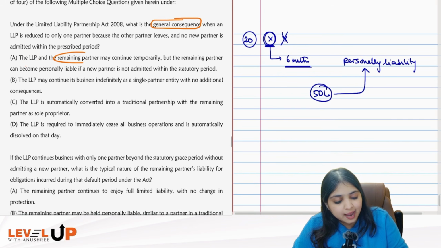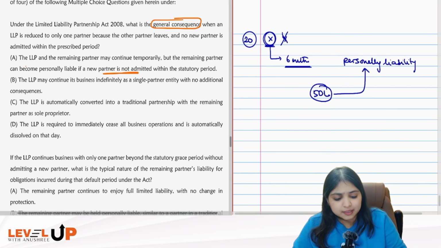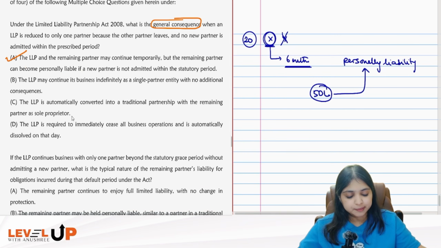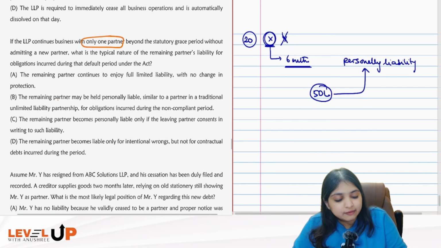So LLP and the remaining partner may continue temporarily, but the remaining partner will become personally liable if the new partner is not admitted within the statutory period. Within 6 months, if the new partner is not admitted, then the existing partner will become personally liable. Yes guys, option A.